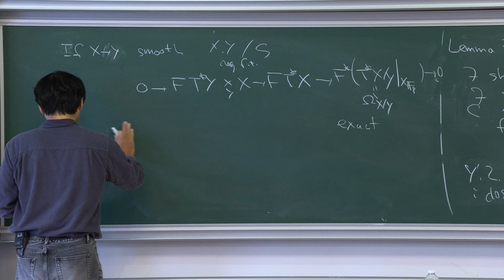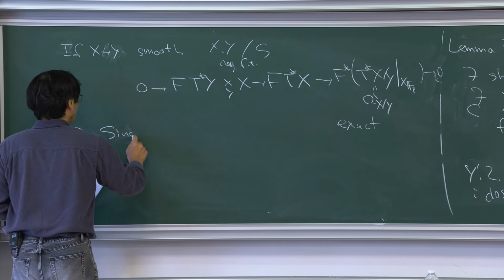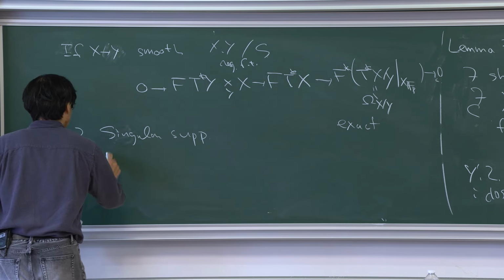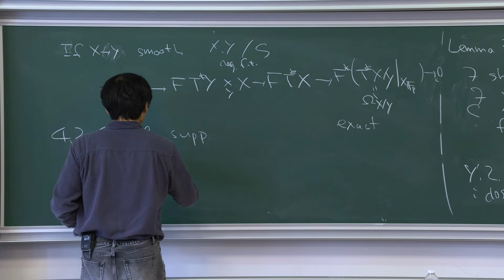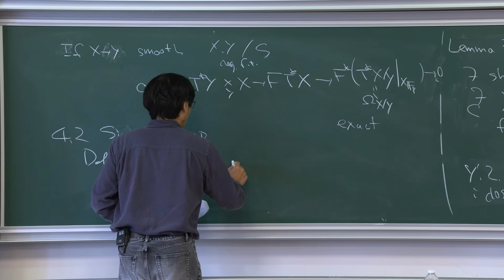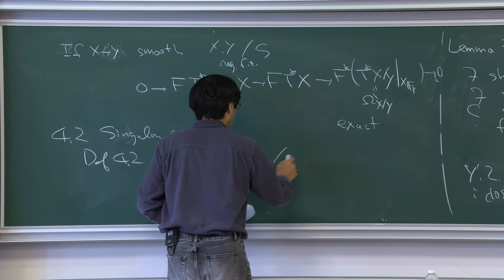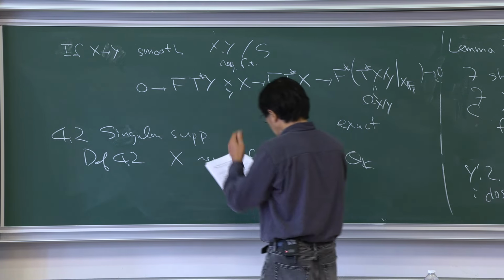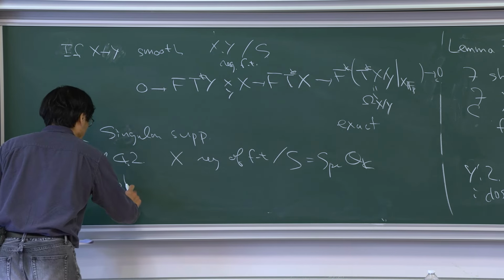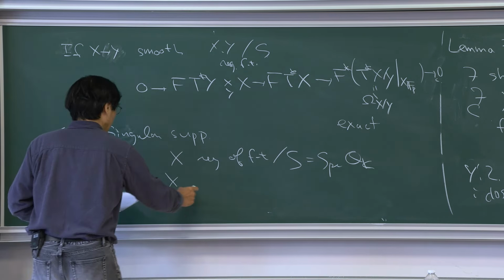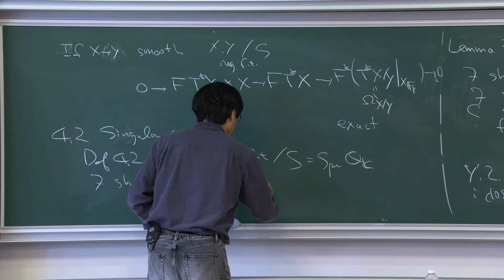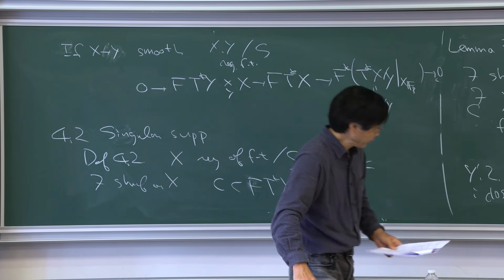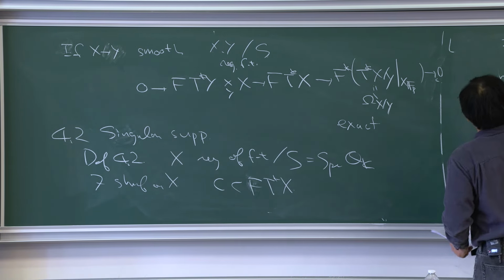Let X be a regular scheme of finite type over S, let F be a sheaf on X, and let C be a closed conical subset of the Frobenius Witt cotangent bundle we just defined.